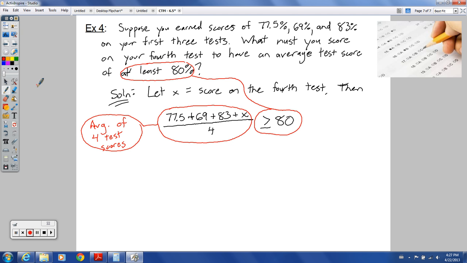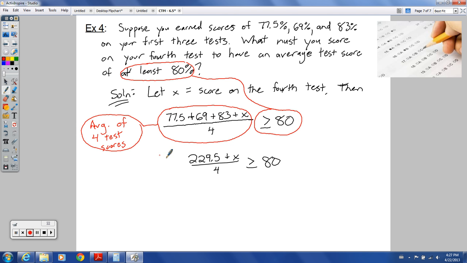And so from here, let's simplify what I have in the numerator first. So this plus this plus this. If I add these 3 values together, I've got 229.5. That plus x over 4 is greater than or equal to 80.